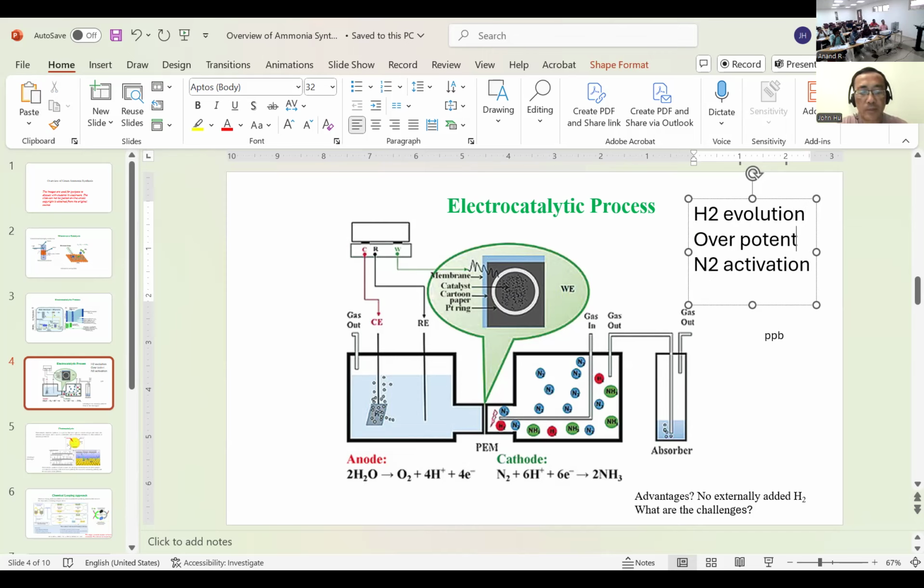So there are two possibilities. One is we can increase the nitrogen reduction reaction so that all the hydrogen ions will be easily combined with the nitrogen, possibly forming the ammonia.